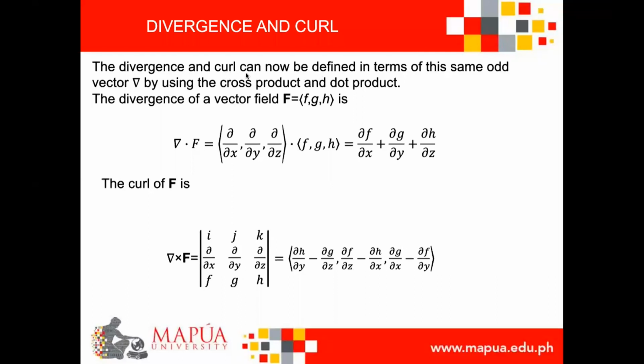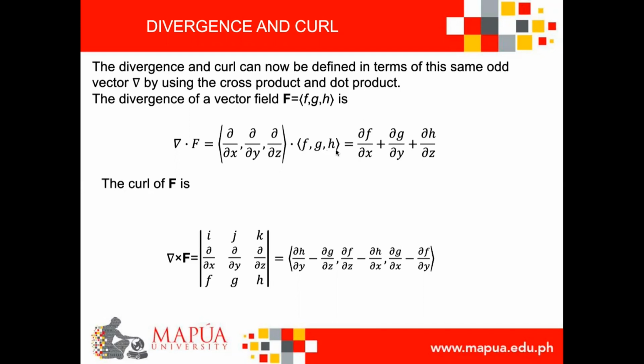The divergence and curl can now be defined in terms of the same odd vector del by using the cross product and dot product. The divergence of a vector field F, with vector components f, g, h, is del dot F equals, you have the components of your del to be the partial derivative with respect to x, partial derivative with respect to y, and partial derivative with respect to z, dot product with the components of F, which are f, g, h.